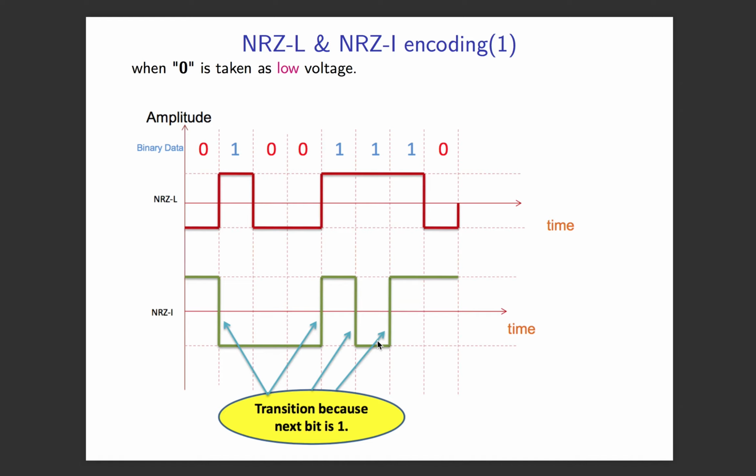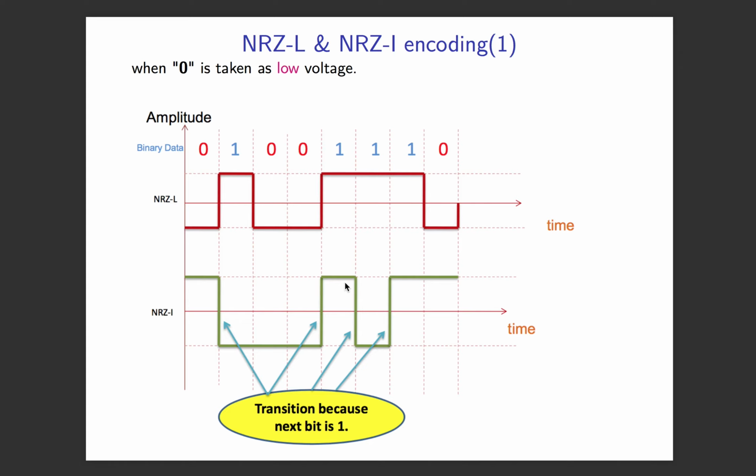So in the case of NRZ-L, the voltage level remains at the same level if there are identical symbol elements. If there is a long trail of zeros or a long trail of ones, the voltage level remains at either the positive or the negative level. But in the case of the NRZ-I scheme, the voltage level remains at the same level if there is a trail of zeros.